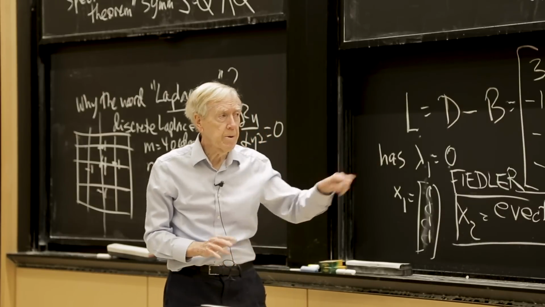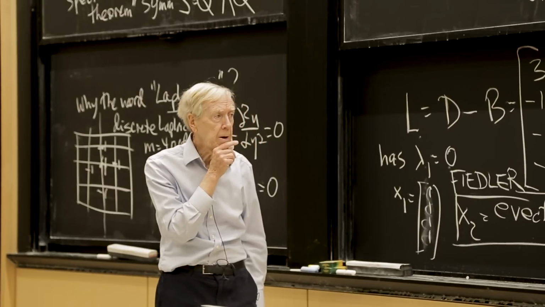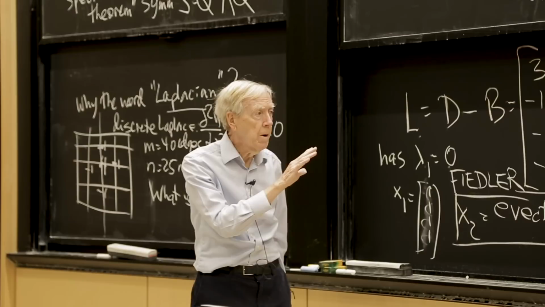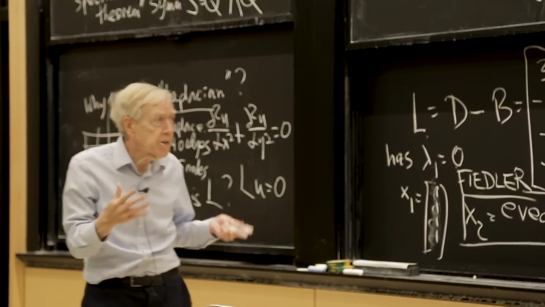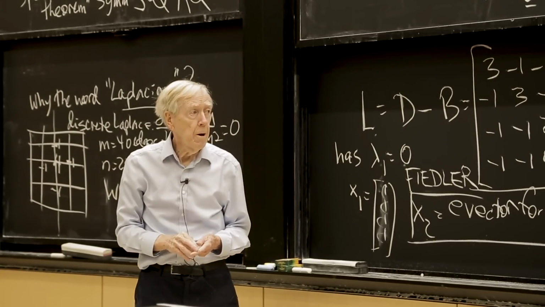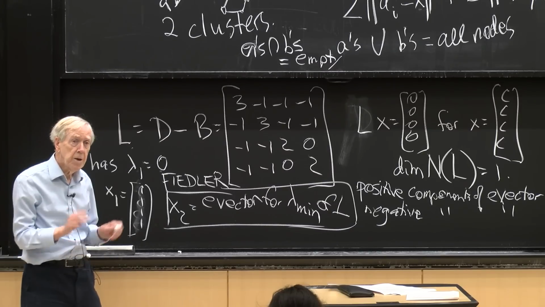But certainly I would look at the lowest 6 eigenvectors and get somewhere. Yeah, right. So that's an important topic, a sort of standard topic in applied graph theory.